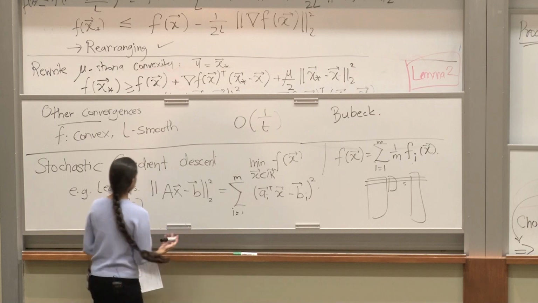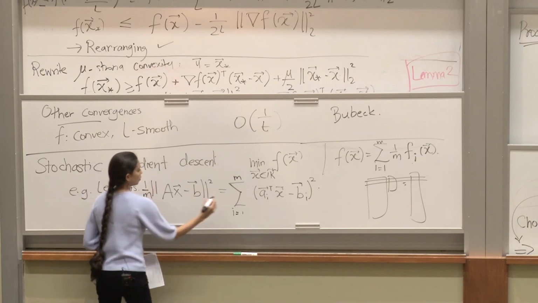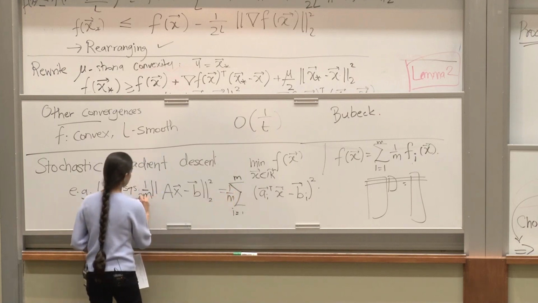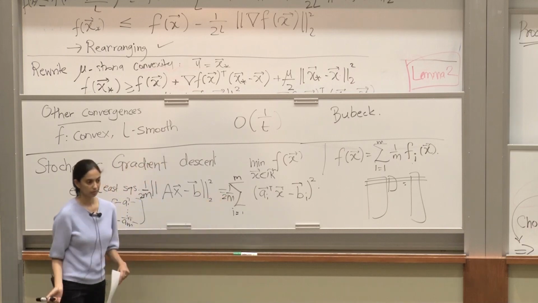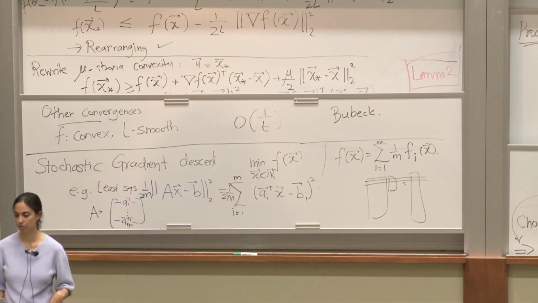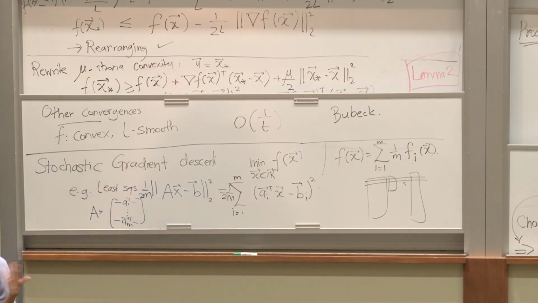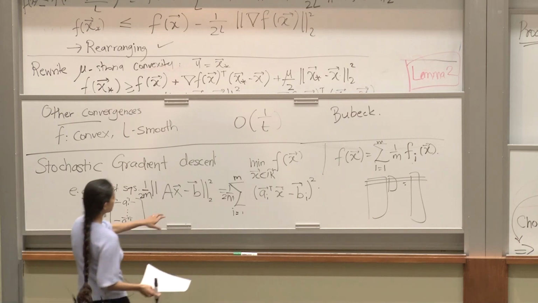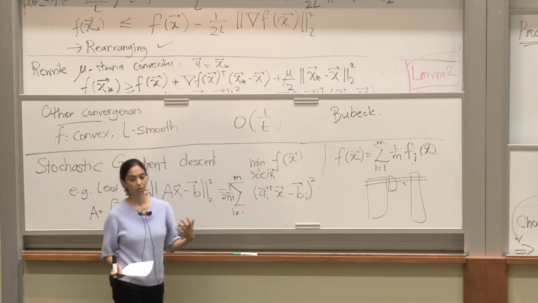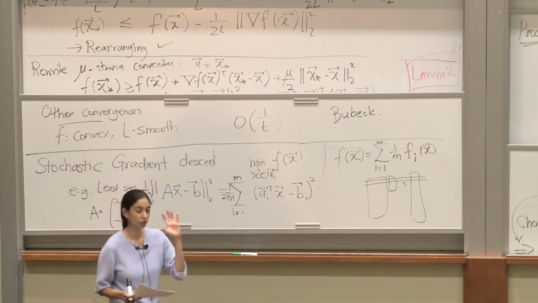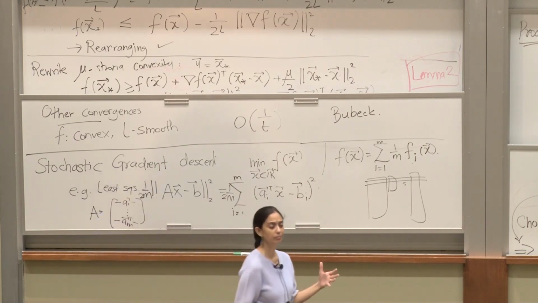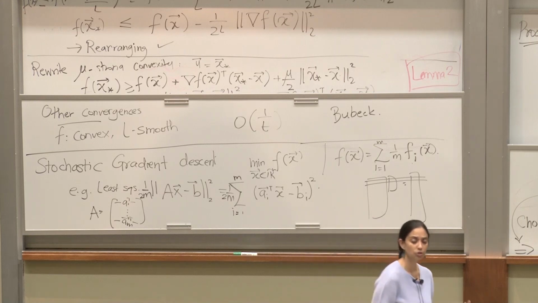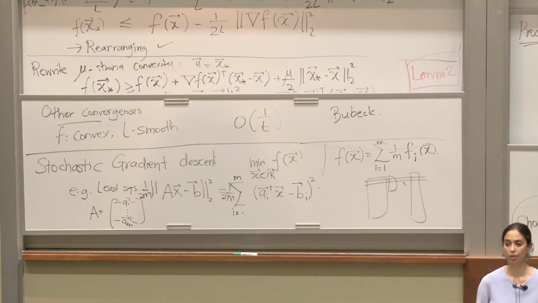In this case, you could write this as 1 over m or 1 over 2m, which is often a convenient scaling just to make some of the constants disappear. But from an optimization perspective, it's all fine. The 1 over m scaling is something you will often see for gradient descent or stochastic gradient descent settings, because you want your loss to not care about the number of points you have.